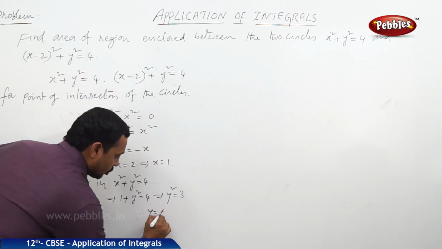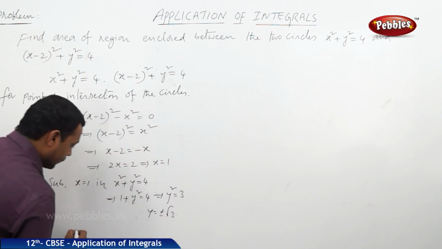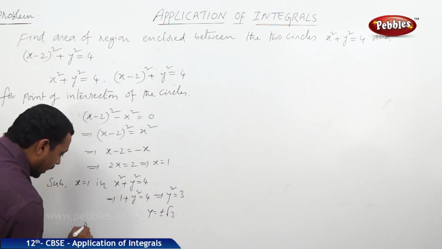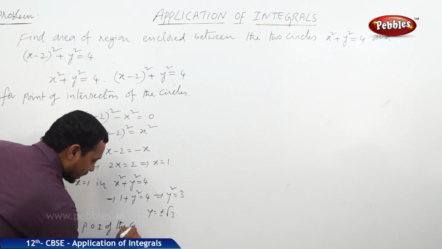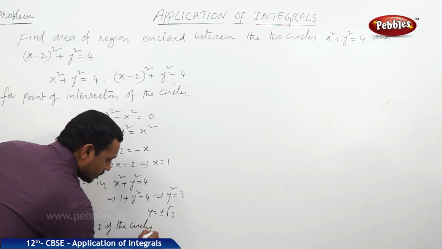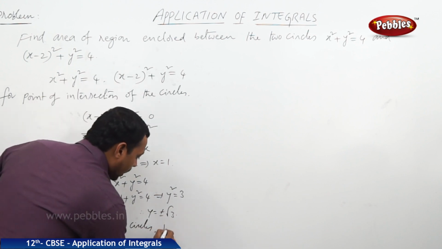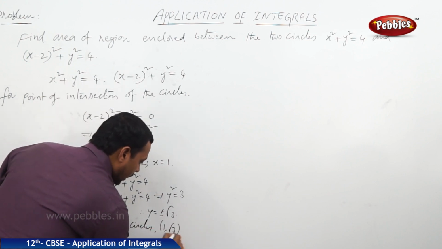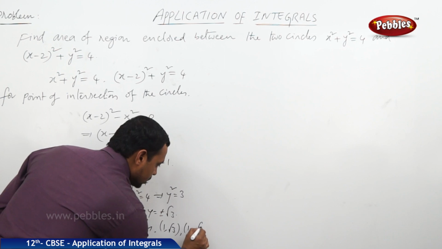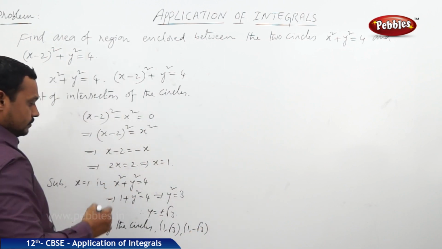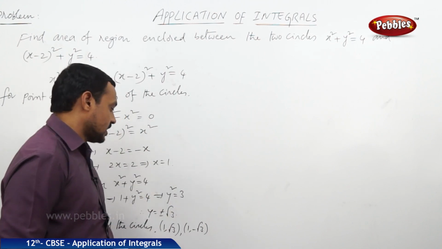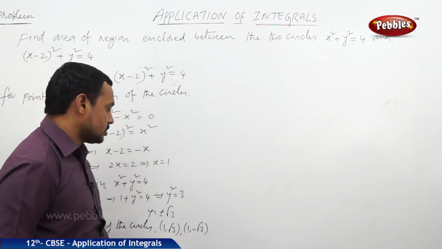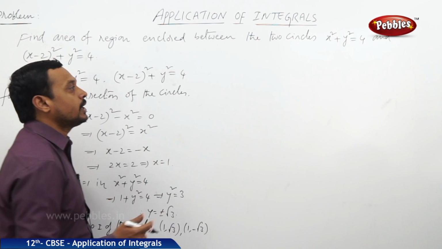Hence, y is equal to plus or minus root 3. Therefore, the points of intersection of the circles are (1, root 3) and (1, minus root 3). The two circles are intersecting at 2 points, (1, root 3) and (1, minus root 3).